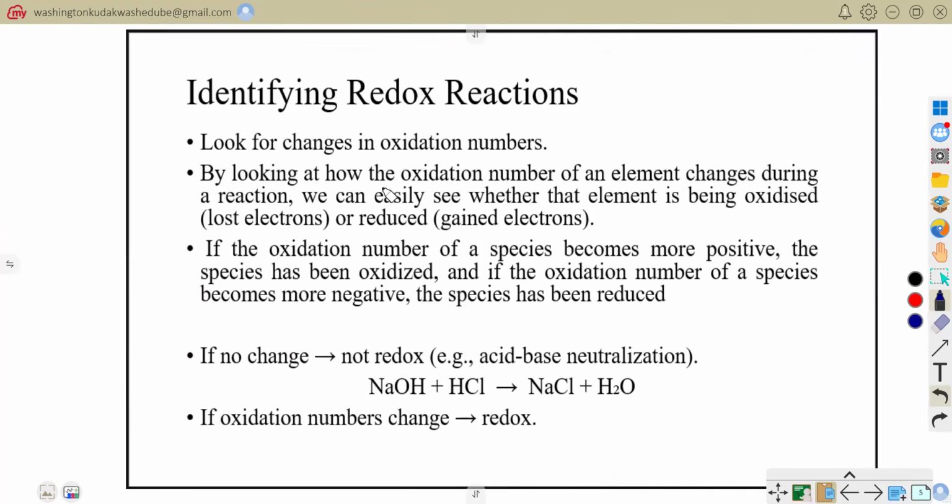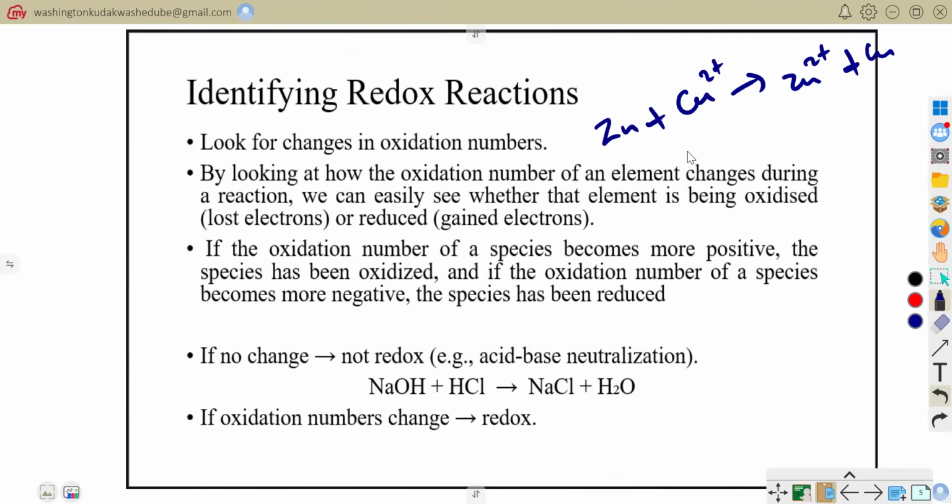So we now want to see how we identify redox reactions. We can identify redox reactions by simply looking at the oxidation states, the oxidation numbers. Is there a change, like the example we have just done, where zinc metal was reacting with what? With copper 2+ ions to form zinc 2+ ions plus copper metal.